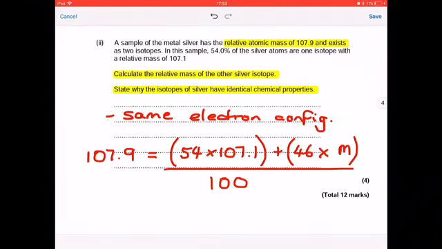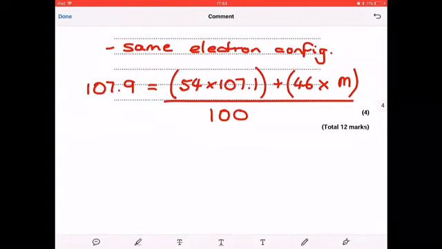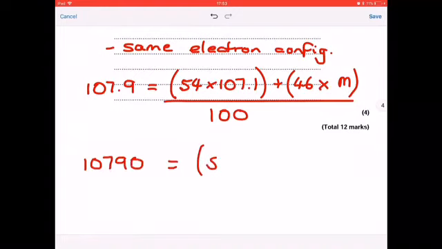The key in this question is to be able to rearrange that equation in order to be able to find the relative atomic mass. So if you multiply both sides by 100, you end up with 10790 equals 54 times 107.1 plus 46m. You then multiply out the 54 times 107.1 and you take that from the other side. So 54 lots of 107.1 should give you 5783.4.